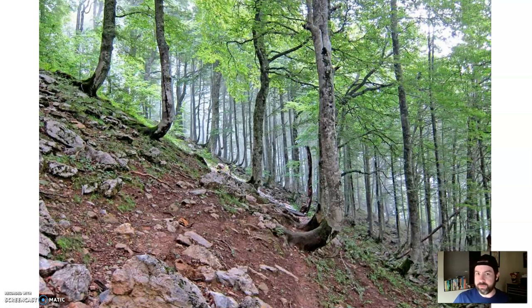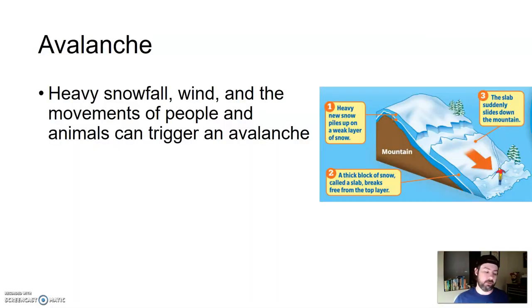And then I usually throw this one in because it is earth material, it is water, it can be solid material. Avalanches. I don't typically talk about it too much because we don't have a lot of snow around here. But we'll throw it in there. It is mass wasting. Is it a bunch of stuff moving downhill? So either heavy snowfall or heavy winds, and even people skiing, hiking, any number of things, and animals can trigger an avalanche.